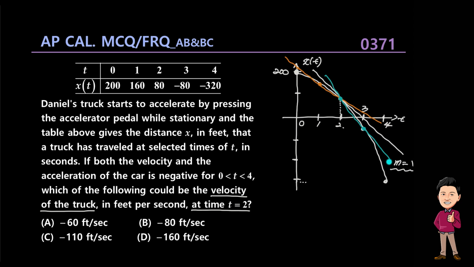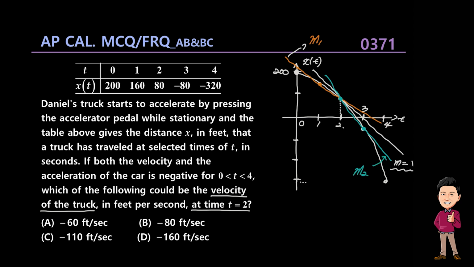So the slope of this blue secant line must be greater than this tangent line, but the slope of this red line must be less than this tangent line. Let me write this. The slope of this blue line is m1. The slope of this red line is m2.